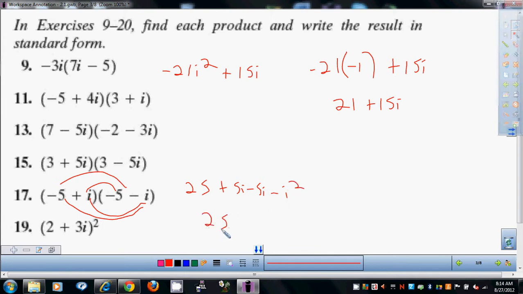So that's 25 plus 5i minus 5i, which cancel, minus i squared, which is the same as minus a negative 1. So our whole answer is 26.